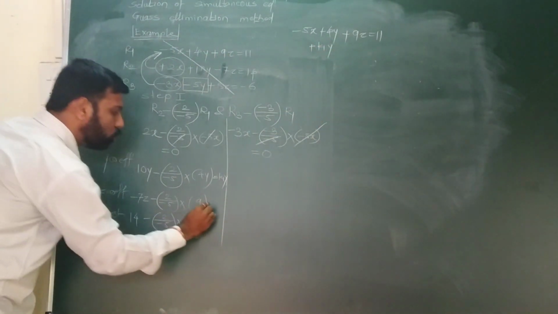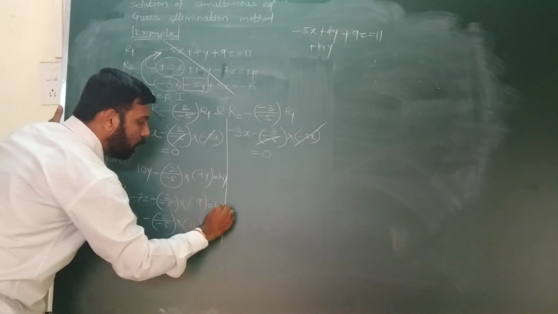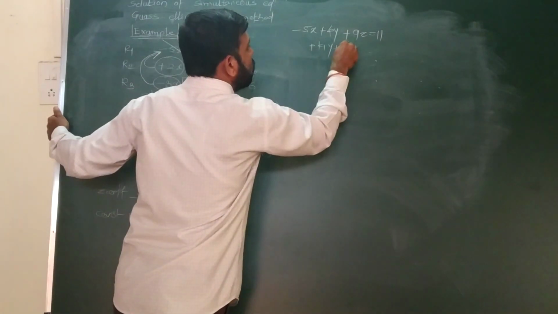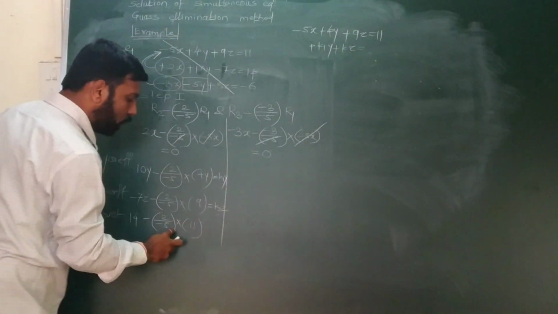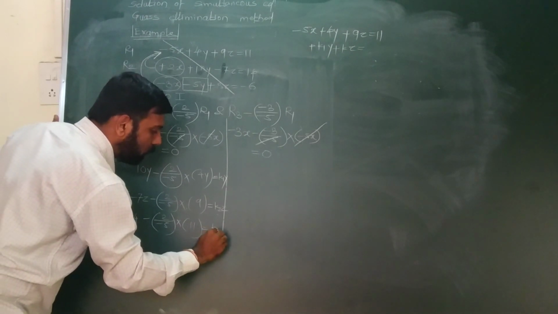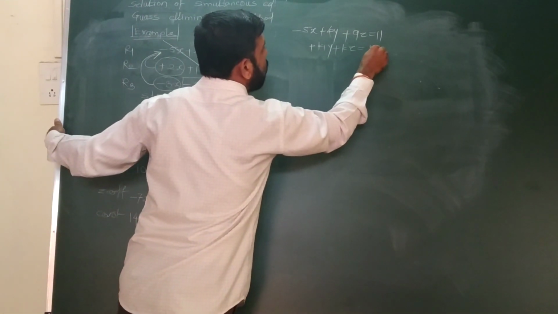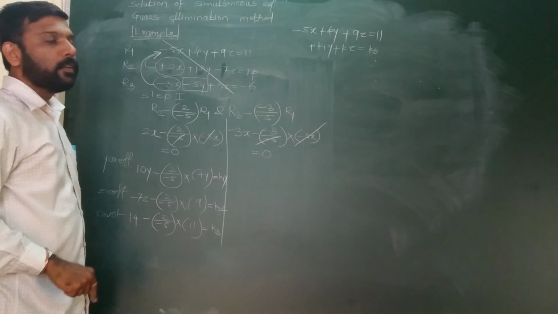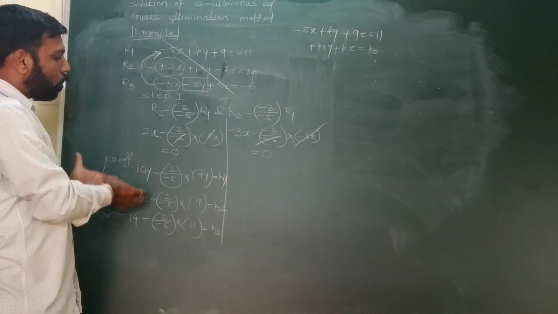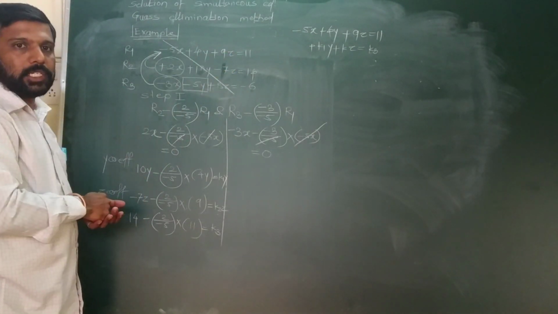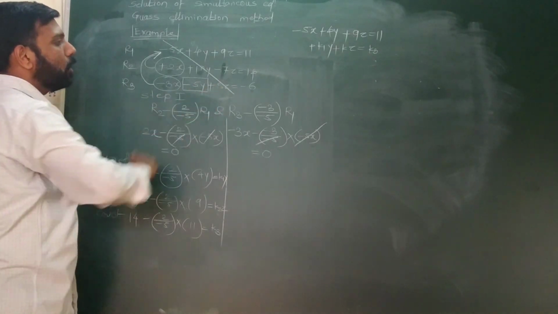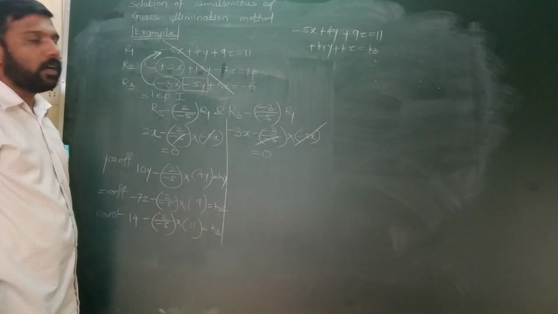After this calculation, suppose I get k1y here. After this calculation, suppose I get k2z. And the constant, suppose I get k3, which I have written here as k3. So like this, in the second row we got a new change, and similarly we'll get a change in the third row.